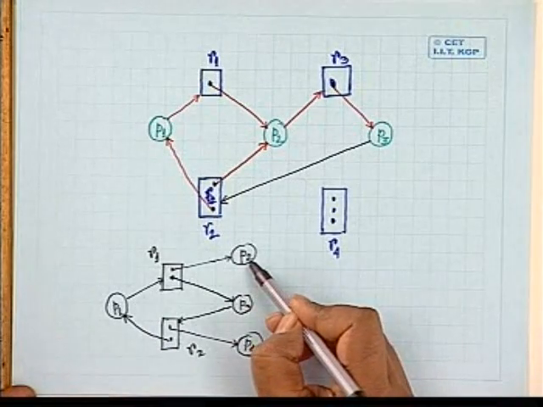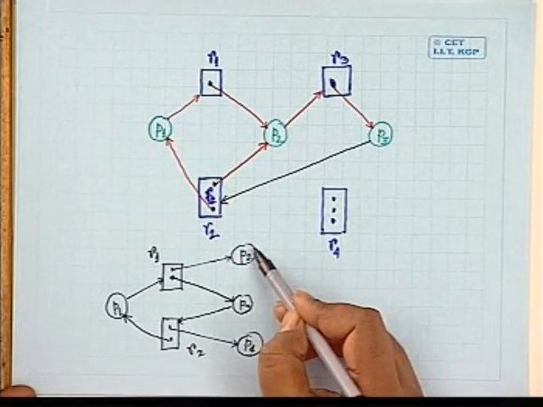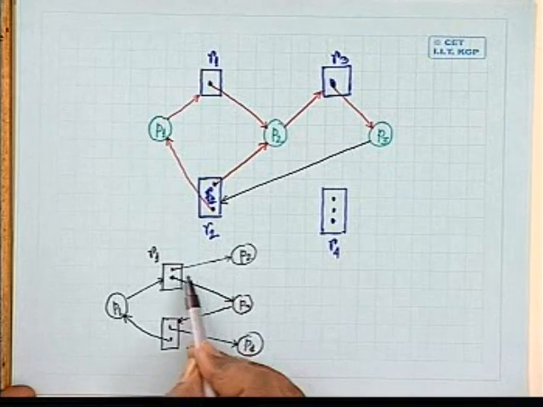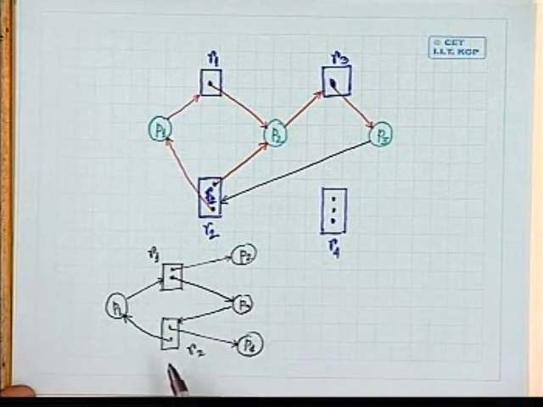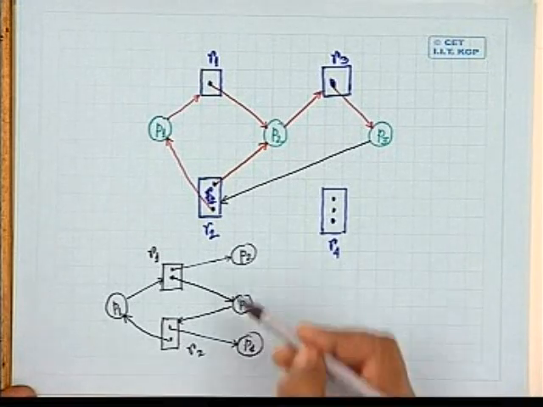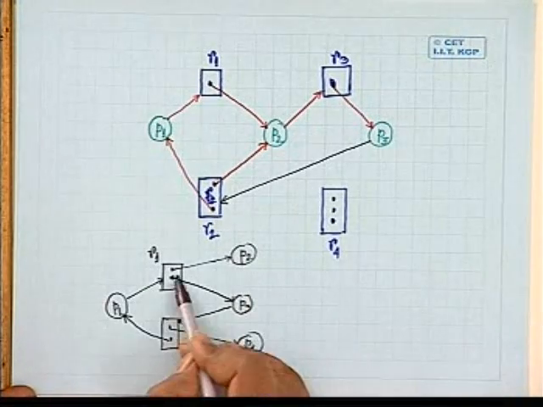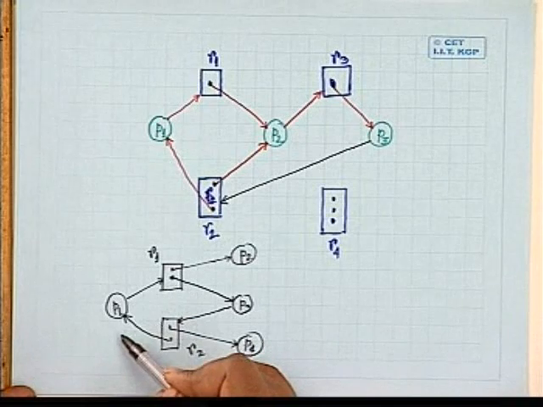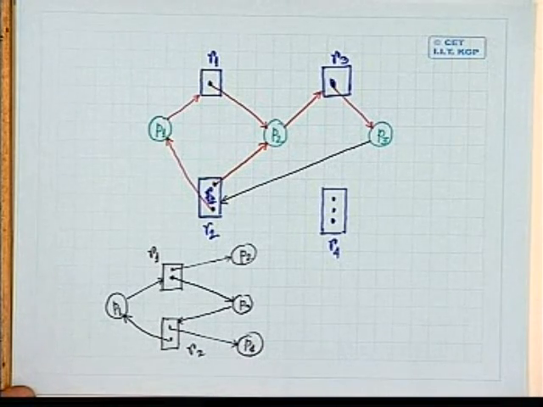Because the processes P2 and P4, though they are holding the resource instances of R1 and R2, are not waiting for any other resource. So they will complete their operation, release the resources, and these resources can then be allocated to the requesting process. Right? So this is an example of a resource allocation graph where even if there is a cycle, this does not lead to a deadlock.